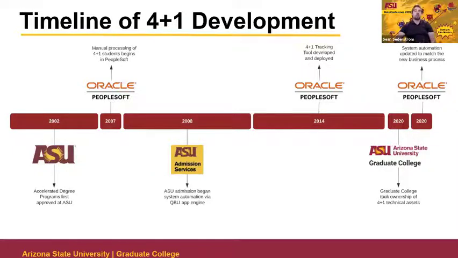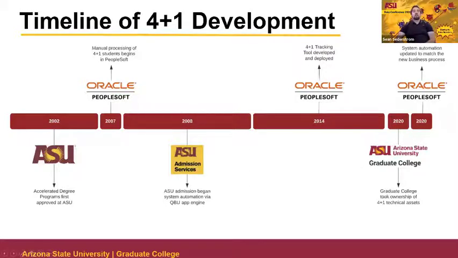So it goes back to the beginning of PeopleSoft. The automation for it was first developed by graduate admissions at ASU, which began in 2008. And then the 4+1 applicant tracking tool, which we're going to go into in some detail here, was implemented in 2014.